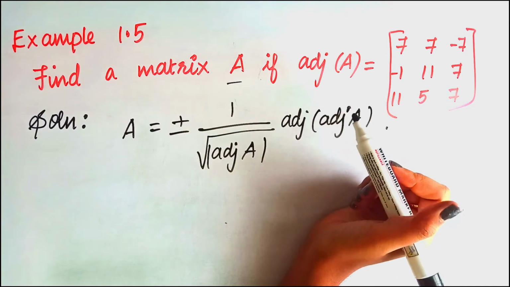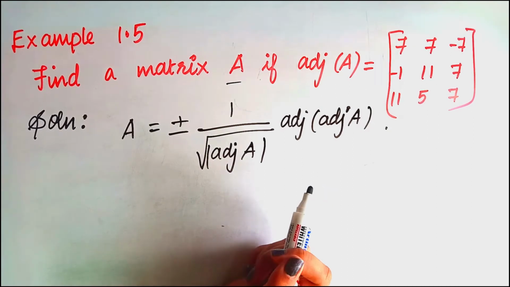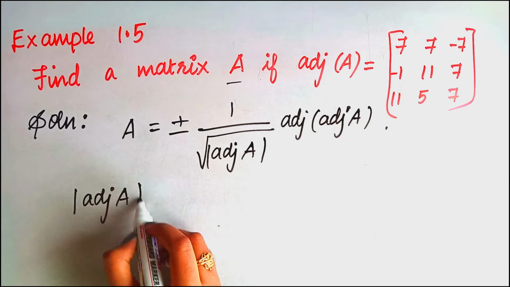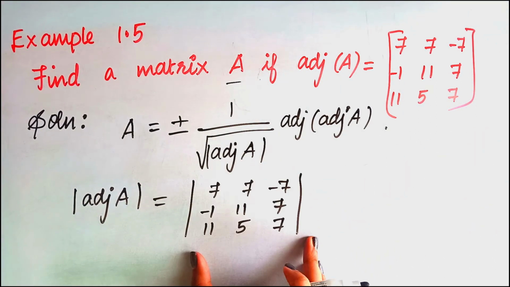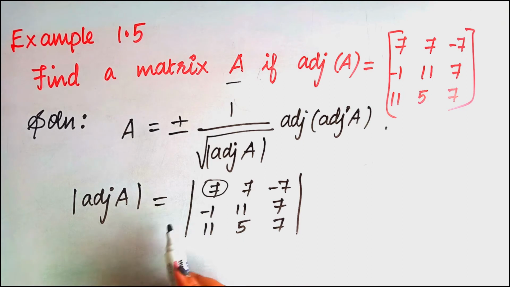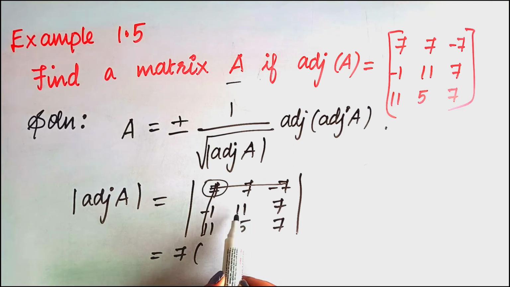Now let's first find the determinant of adjoint of A. So determinant of adjoint A is equal to, we have to put this value in the determinant symbol. Now let's find the determinant for this. For that, first you take the first element and write it. Then you cancel both the horizontal and vertical values of that element, so that you get 11, 7, 5, 7.